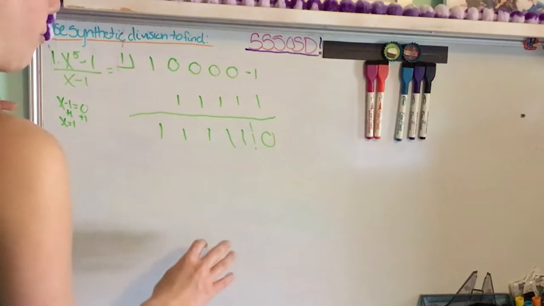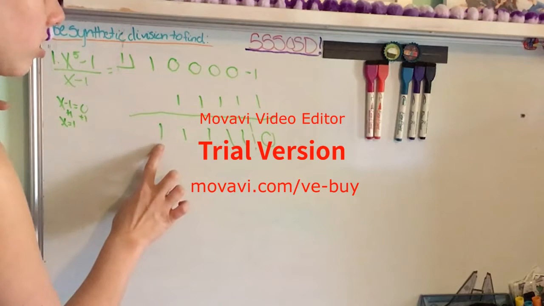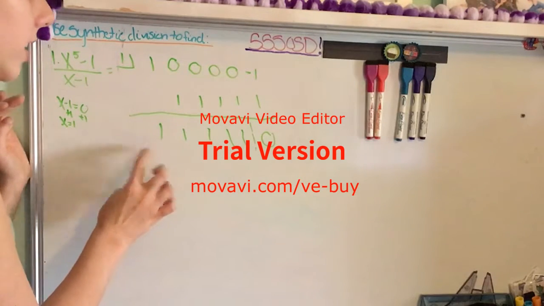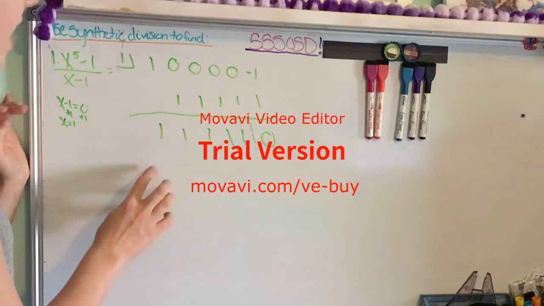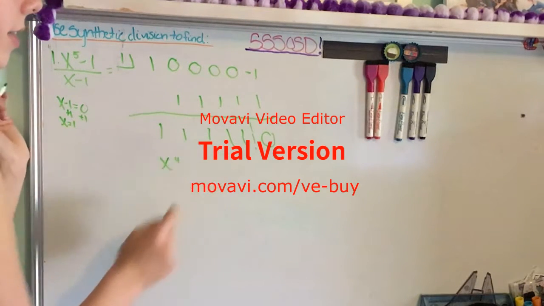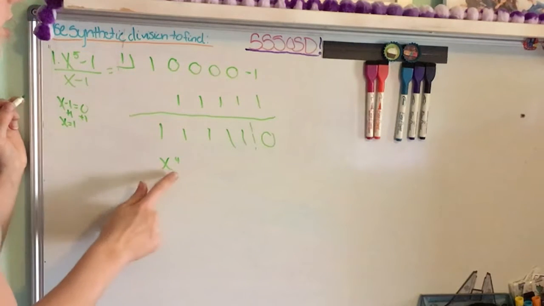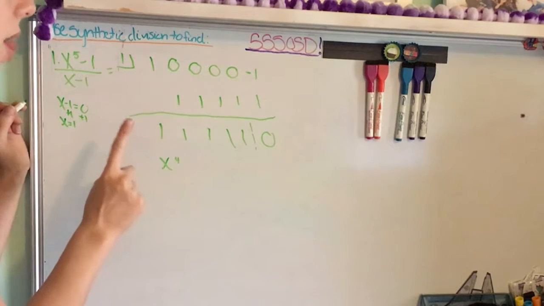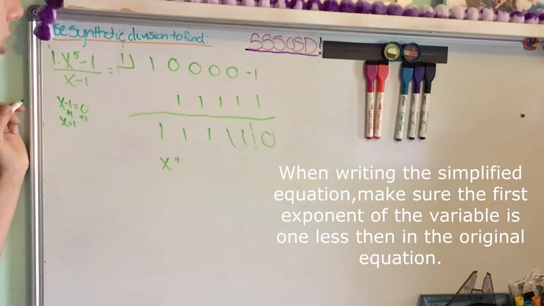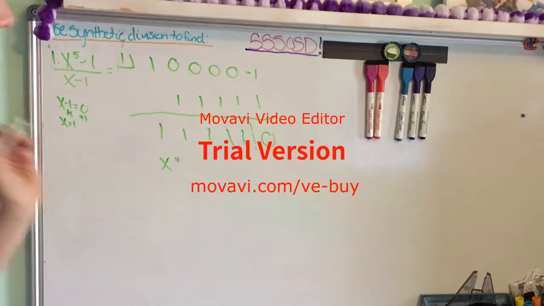So now, because you know that, we're going to set up our simplified equation. The 1 is going to be the coefficient for x to the 4th. You will know the first term of your new equation because its degree is going to be 1 less than the equation you start out with. So we started out with x to the 5th, and so now we have x to the 4th.